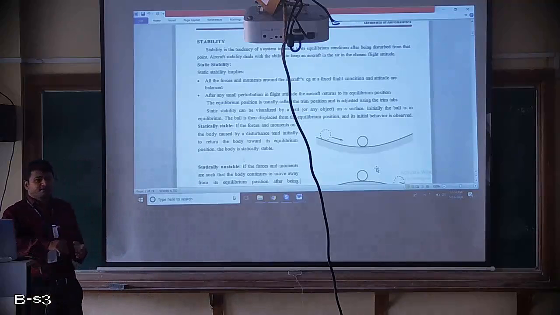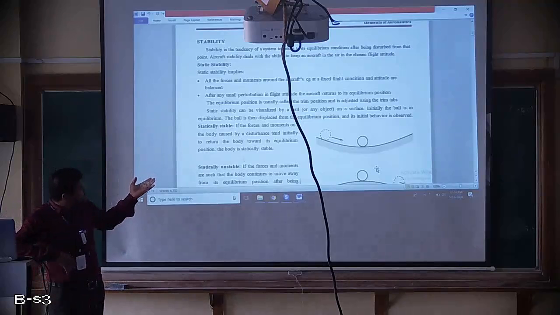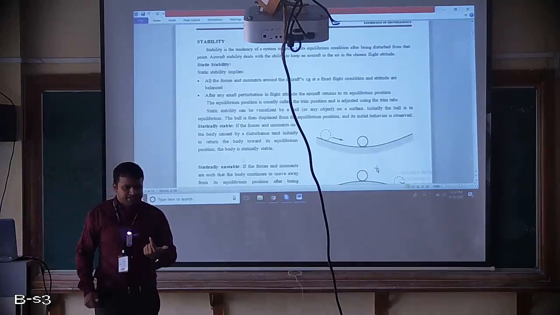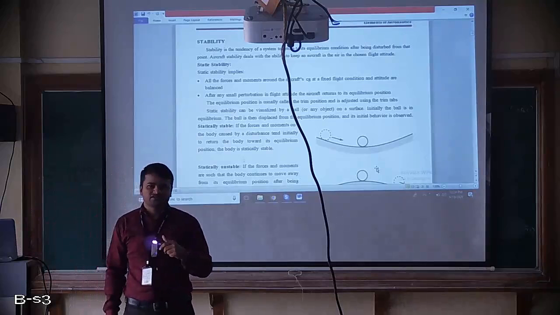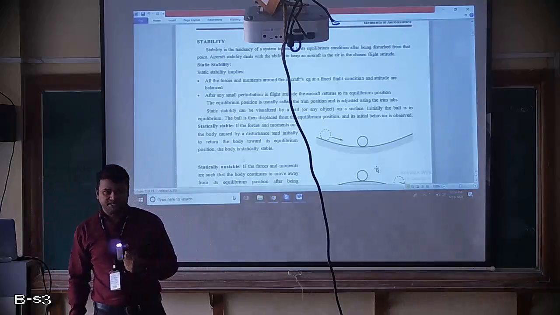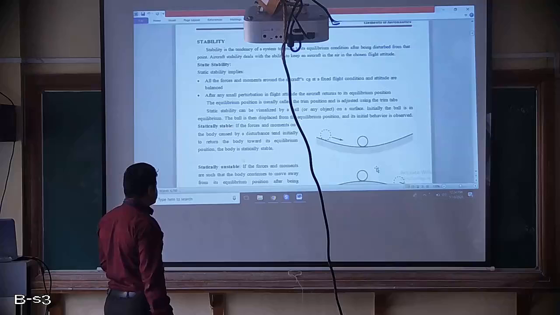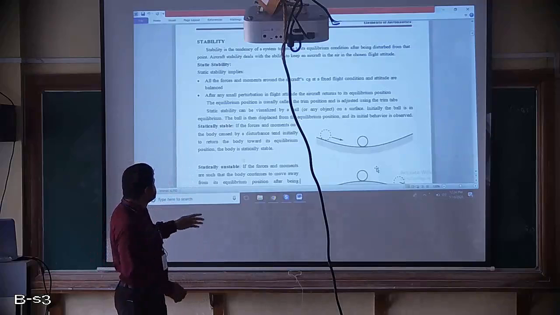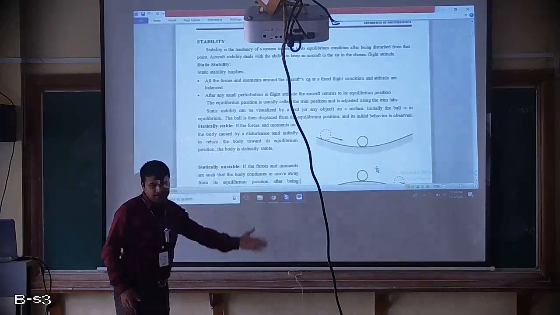So now, static stability can be again in three different ways. The one is positive, another one is negative, and another one is called neutral static stability. So first one is positive static stability. That is nothing but statically stable.